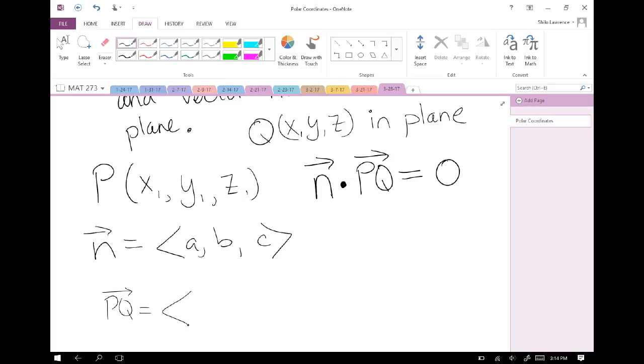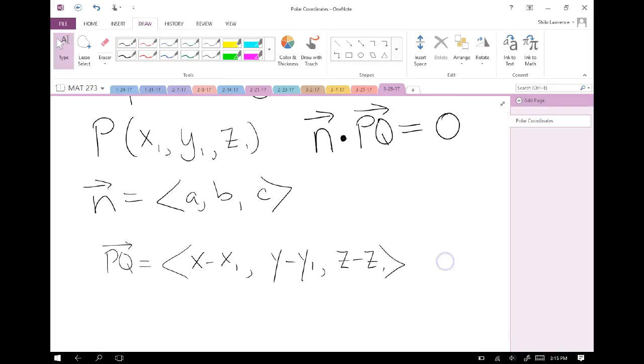So I'm going to do x minus x sub 1, y minus y sub 1, z minus z sub 1. That's vector PQ. And then I'm going to dot that with n. And it will equal 0 because PQ is in the plane.